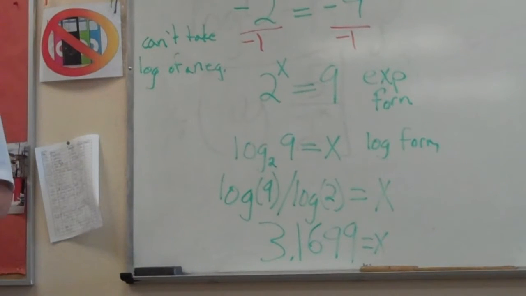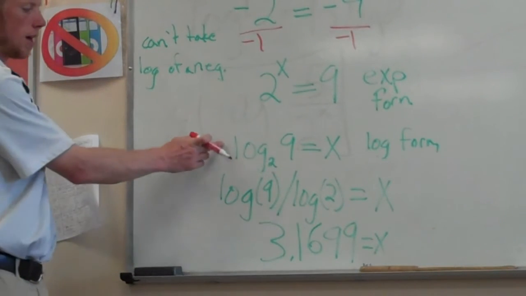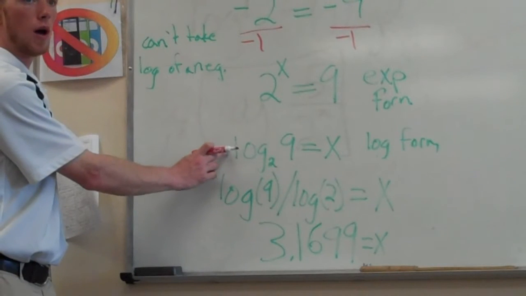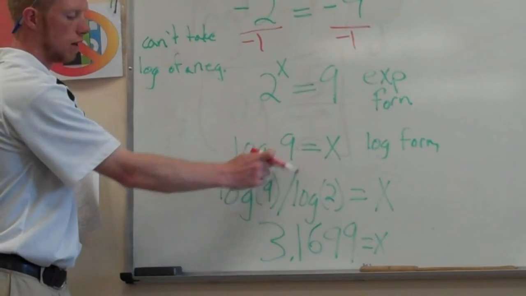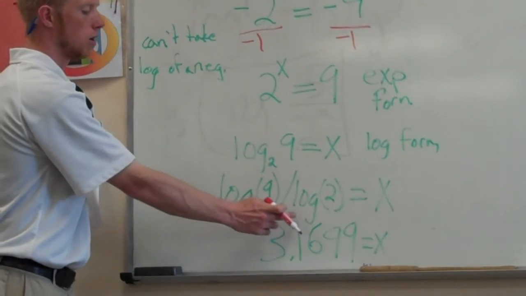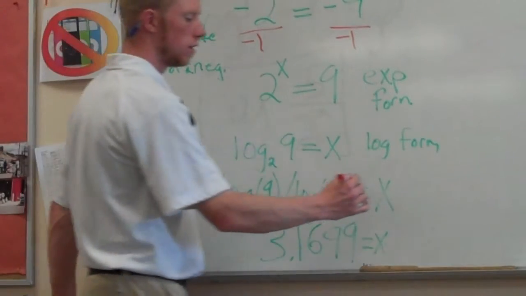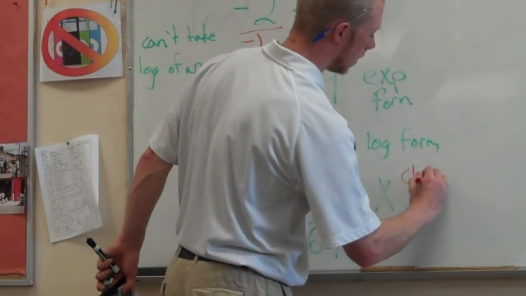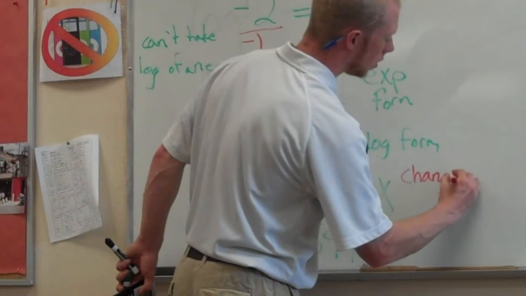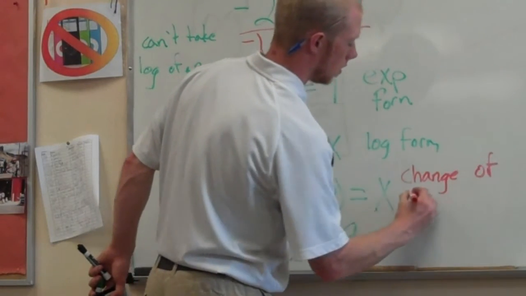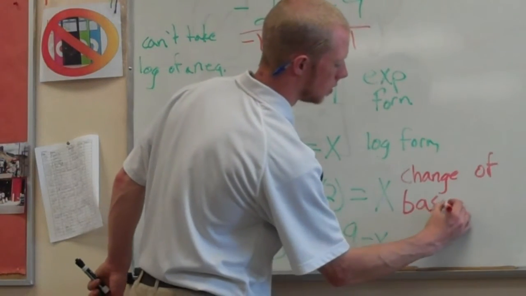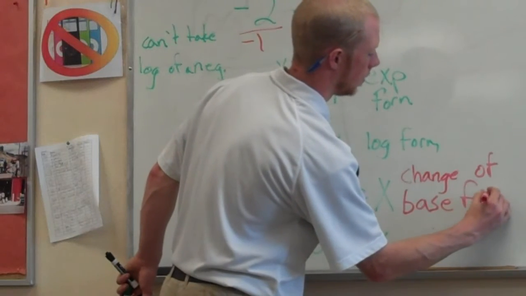Now the only new thing we want to introduce here, guys, is that this step has a name. This step, going from log base 2 of 9 to log 9 over log 2, is called using the change of base formula.